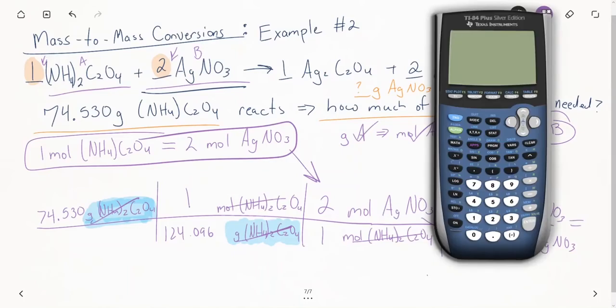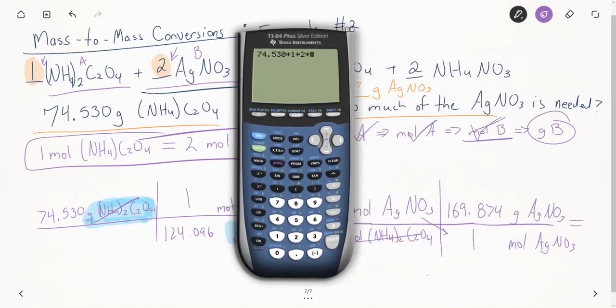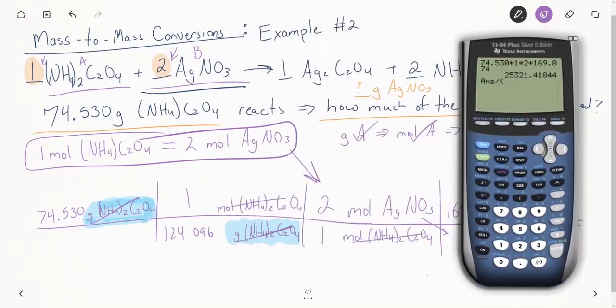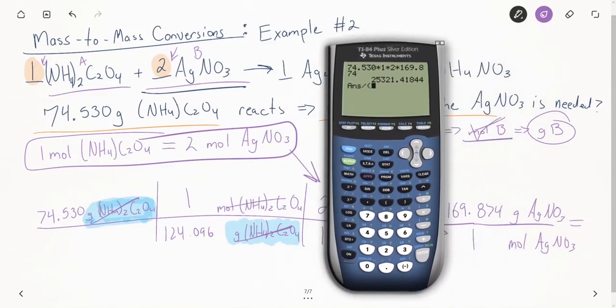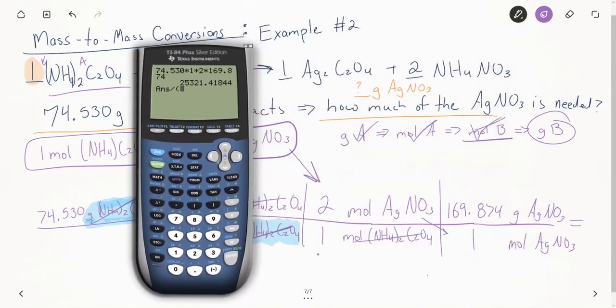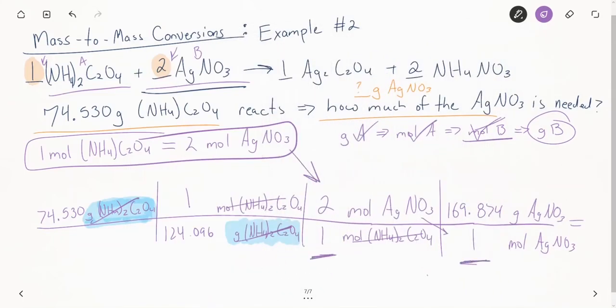So now we actually have to do the math for all of this. 74.530 times 1 times 2 times this last piece, 169.874, equals. That's the number for multiplying everything across the top. Now I need to divide that by everything on the bottom. Because I have two values that are 1, those aren't going to affect anything.